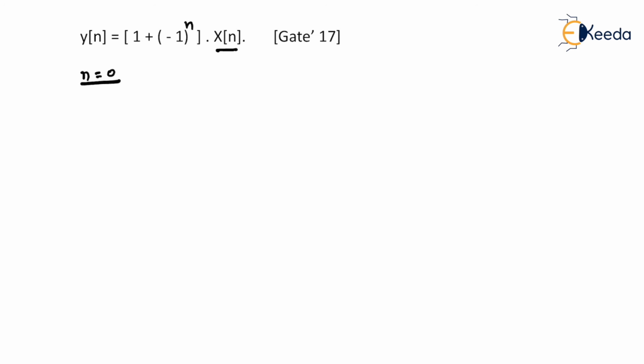I'll see x of n versus y of n. So let's say n equal to 0 means it is x of 0 as input. Let's see what it is going to produce. So y of n is equal to 1 plus (minus 1) to the power n, and since n equal to 0, it will become 1, so it becomes twice of x of 0.